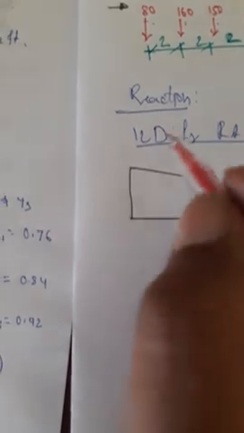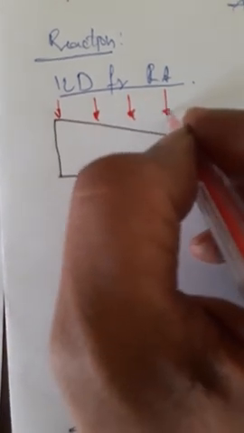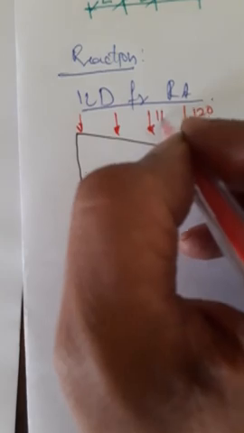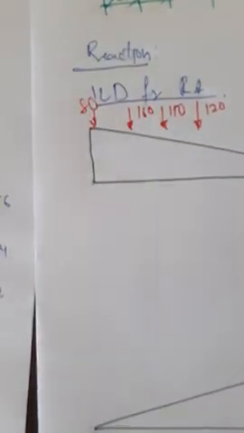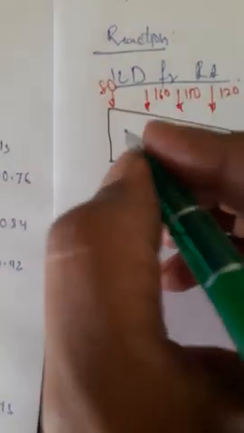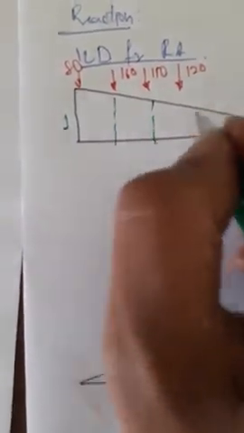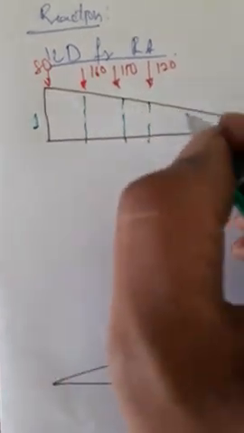Last load should be here. 1, 2, 3, 4. This is 120, 150, 160 and 80. Its standard value is 1. Let this value be y1, y2, y3.